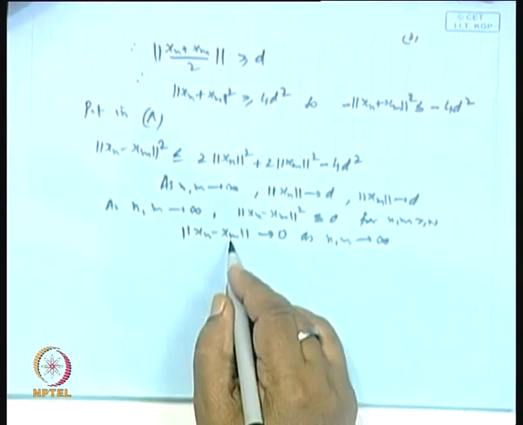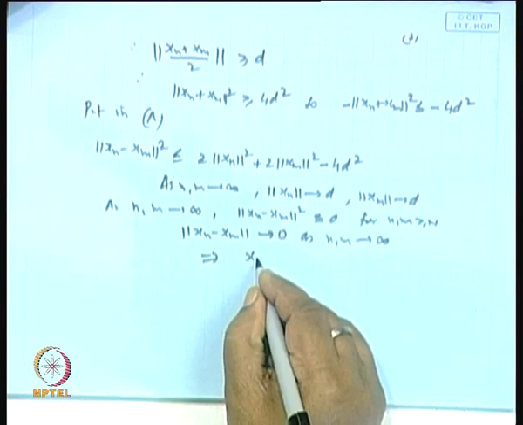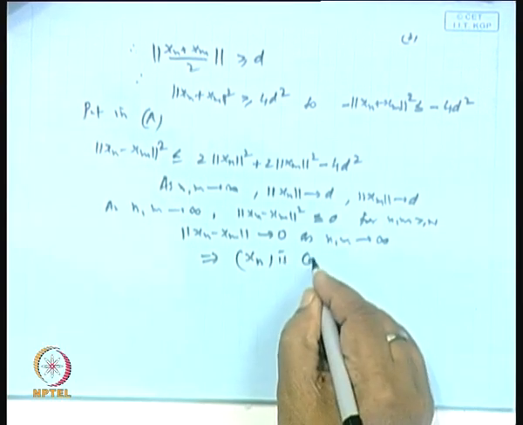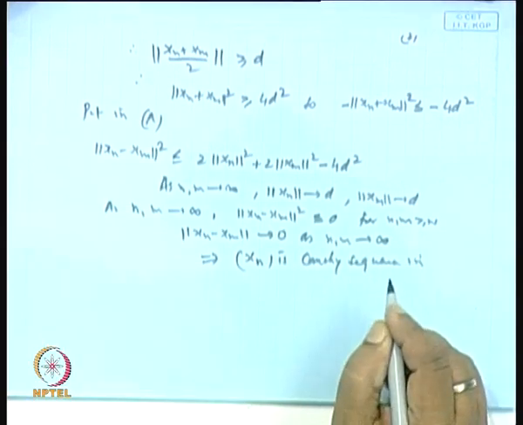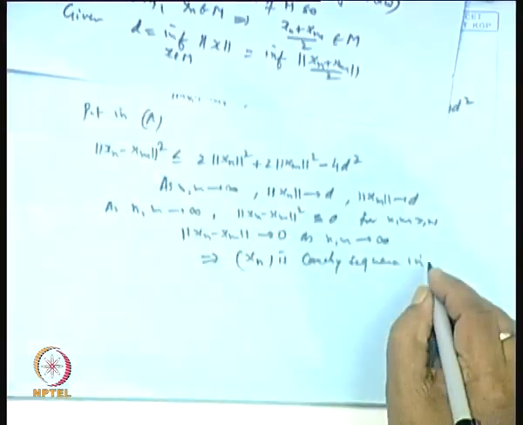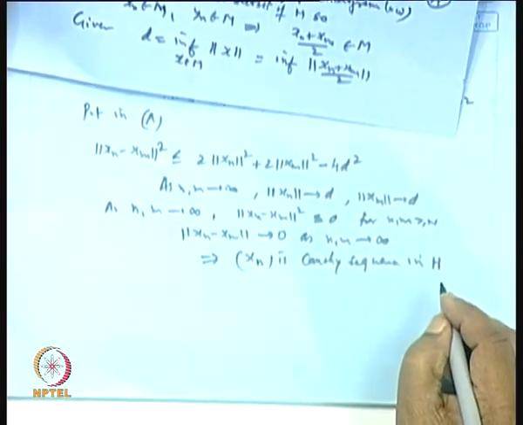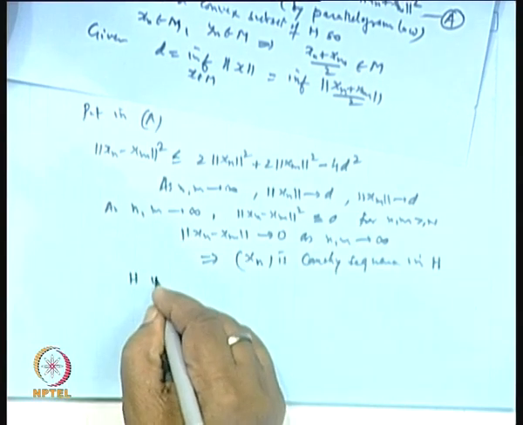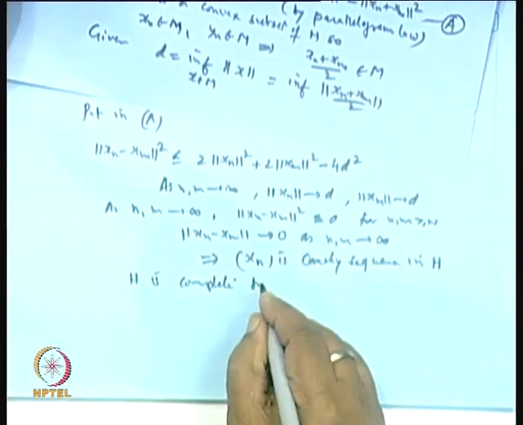Norm cannot tend to 0 unless the limit is 0. So, basically x_n is a Cauchy sequence. x_n is a point in M, so it is also a point in H. So, it is a Cauchy sequence in H, and H is complete. So, it must be convergent.